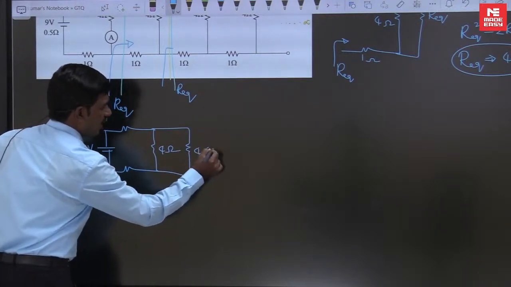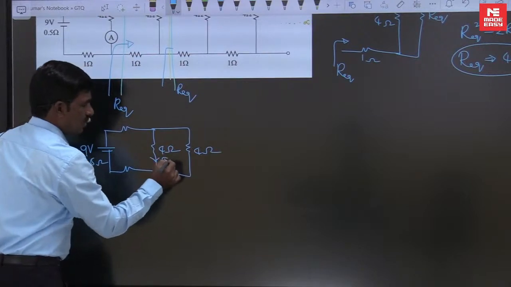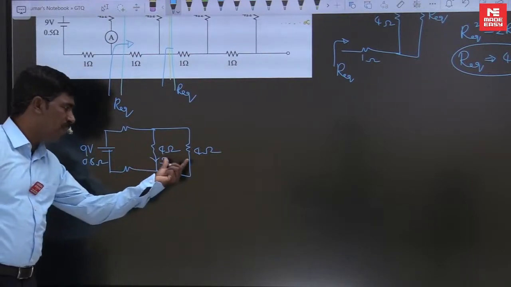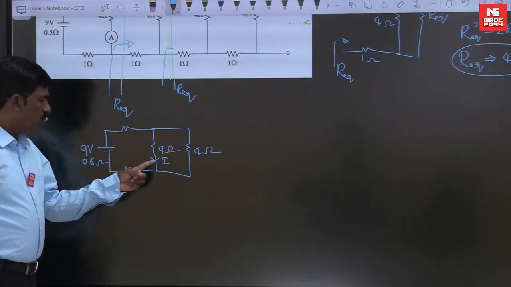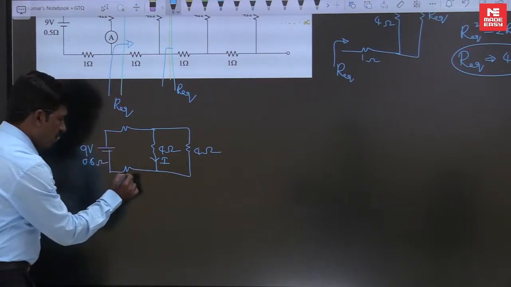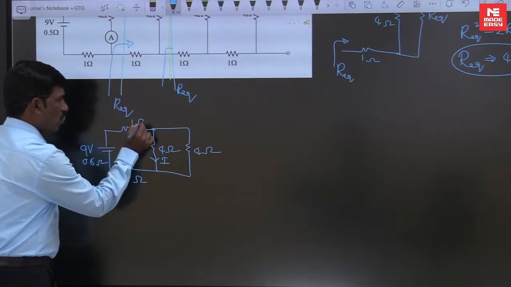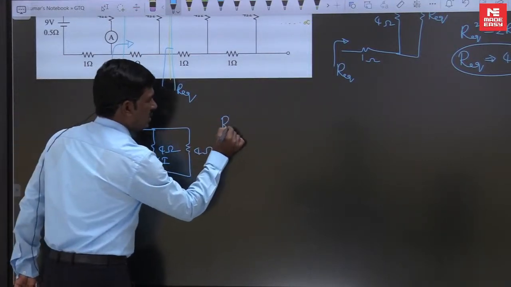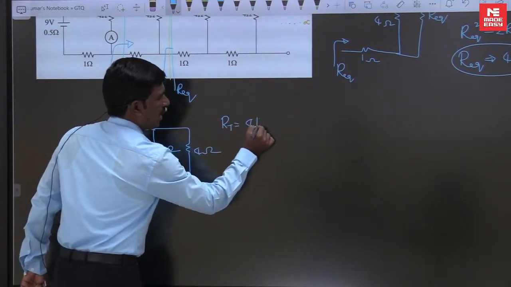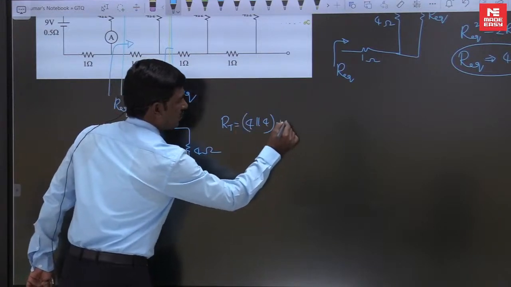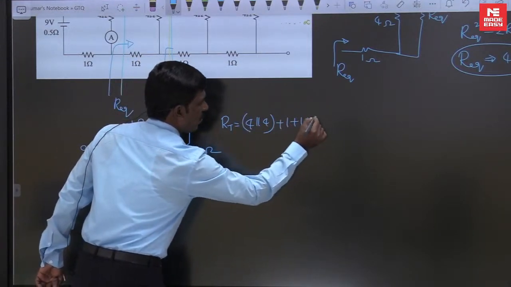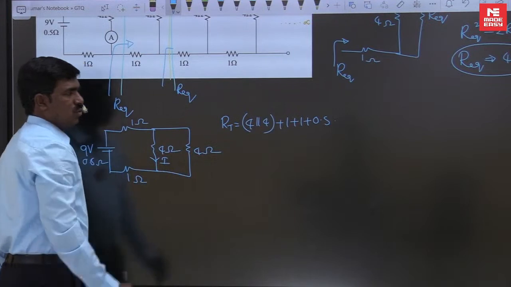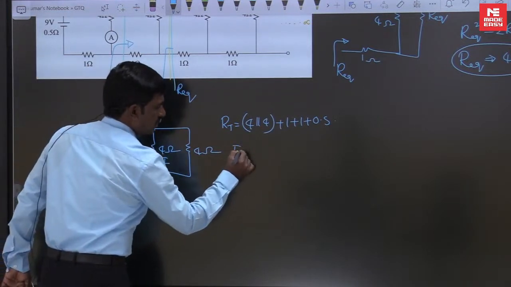Our intention is to find the current through this. First find the total current. 4 parallel with 4 is 2. Then 2 plus 1 ohm and 0.5 ohms, so R total is 4 parallel with 4 plus 1 plus 1 plus 0.5, which is 4.5.